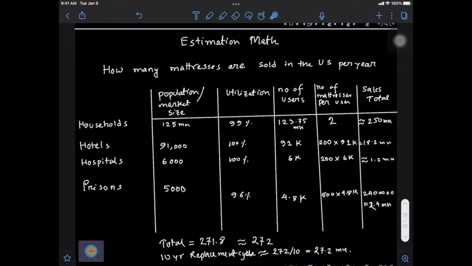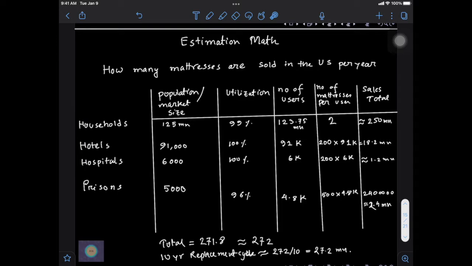Hotels have to have mattresses in their rooms, so 100% utilization for hotels, and 100% for hospitals as well. In prisons, they may not necessarily be operating at 100% capacity, so not all of the prison beds are full. So I'm just assuming 96% utilization here.